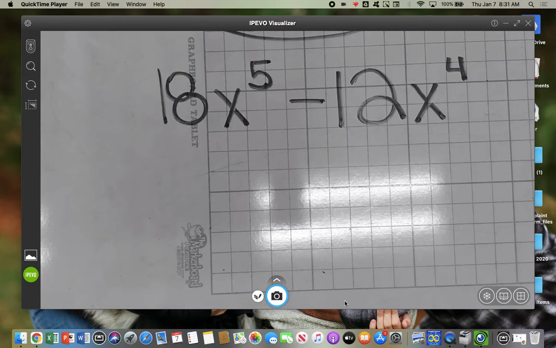You can only put things together if the exponents and the variables match. Even though they both have an x, a power of 5 and a power of 4 don't match; it's actually called a degree. They're not the same ranking, if that's a way you want to think about it. So you can only add like terms if the variables and the powers match. On this one, this is all we can do. So we're done.